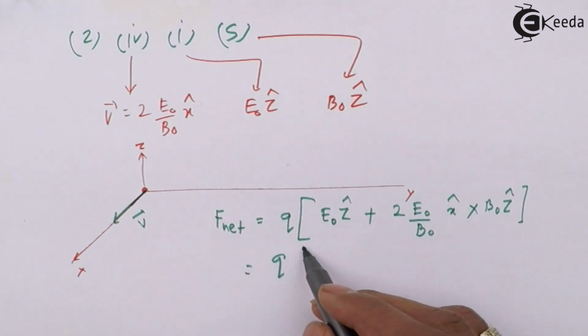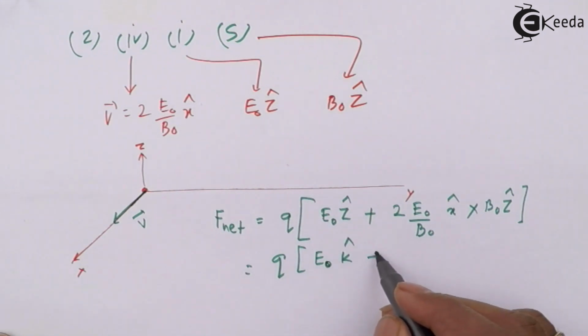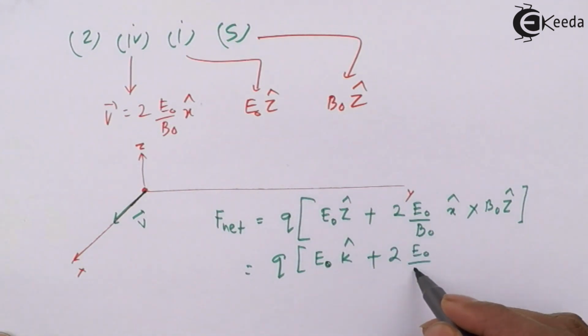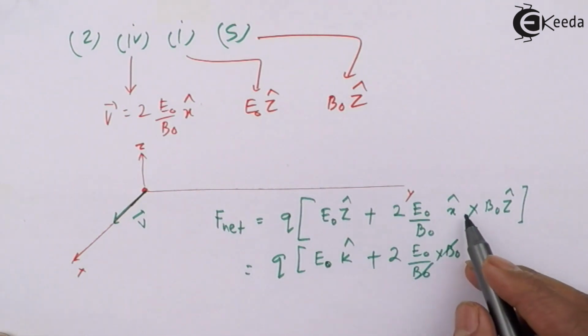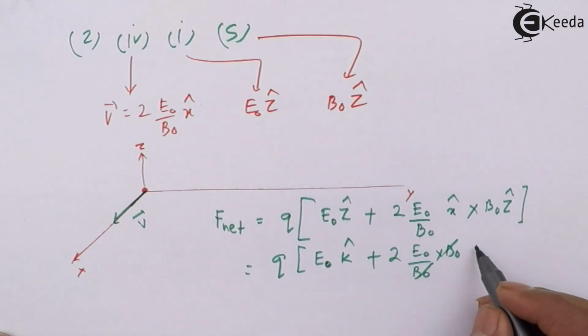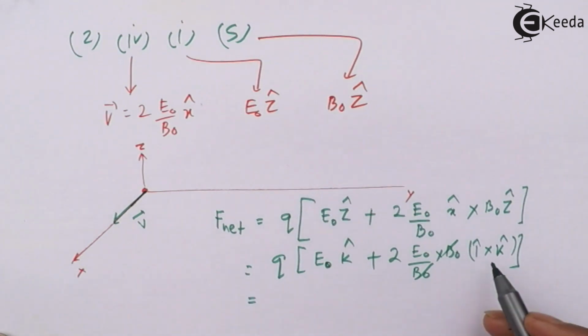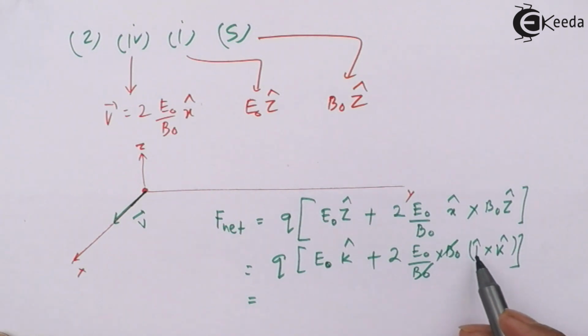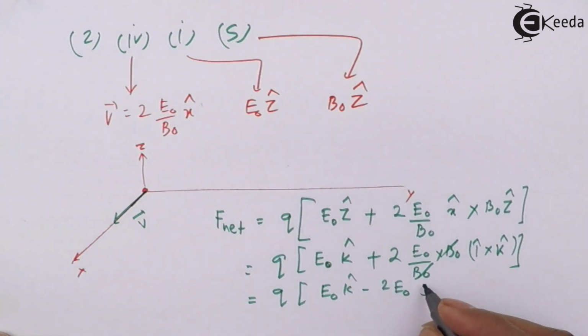So Q, this is E naught Z cap plus 2 E naught by B naught into B naught, this cancels, and this is X and this is Z, that is I cap and K cap. This becomes I cross K, which is minus J, so this is E naught K cap minus 2 E naught J cap.